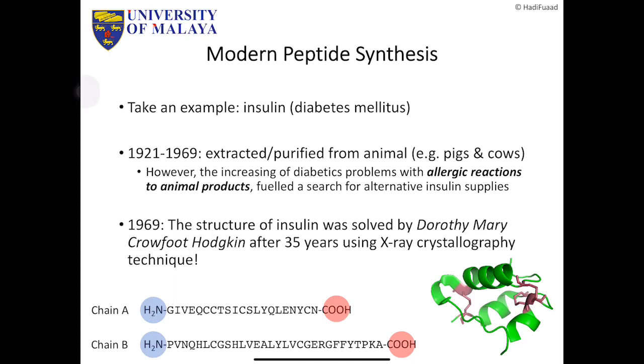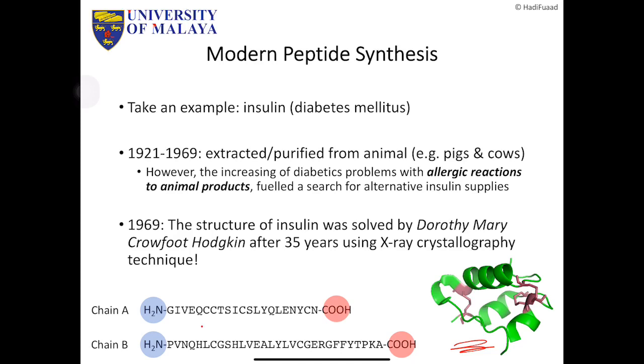So in 1969, the structure of insulin was solved by Dorothy Mary Crowfoot Hodgkin. Some people just call her Dorothy Hodgkin. She did research for 35 years to try and solve the structure of insulin, and that is the structure that she solved.